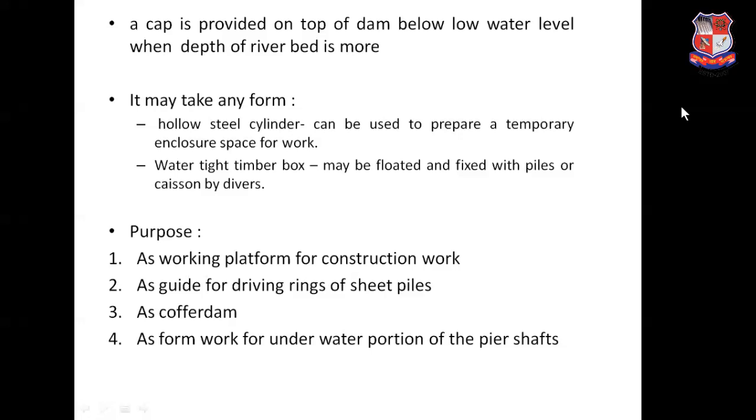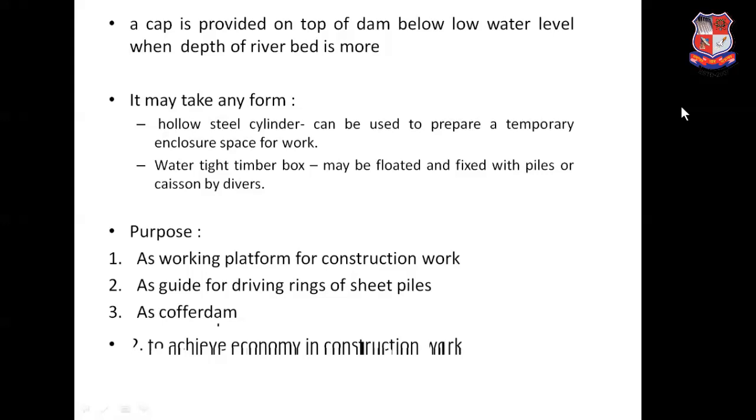So a movable cofferdam may take any form. For example, a hollow steel cylinder can be used to prepare a temporary enclosed space for the work, and second, a watertight timber box may be floated and fixed with piles or casing in rivers.